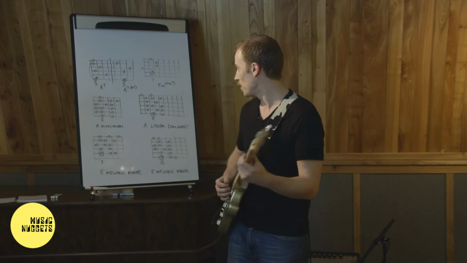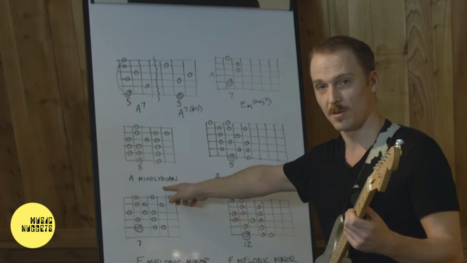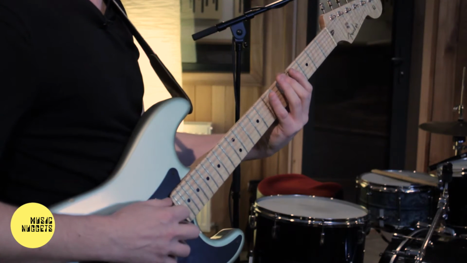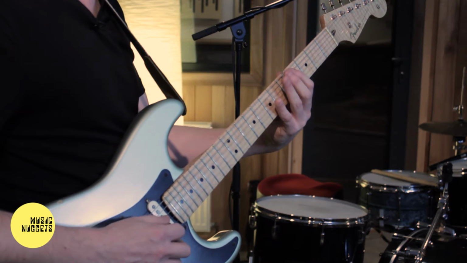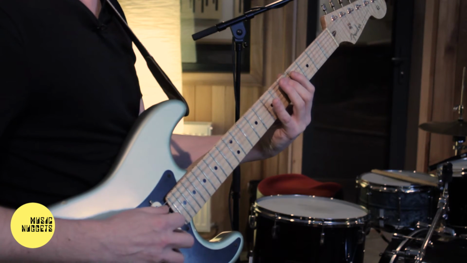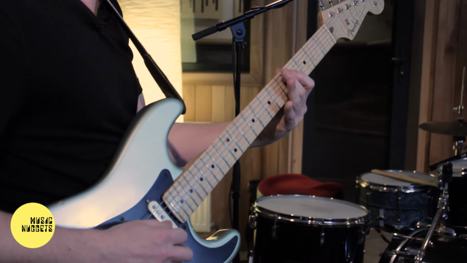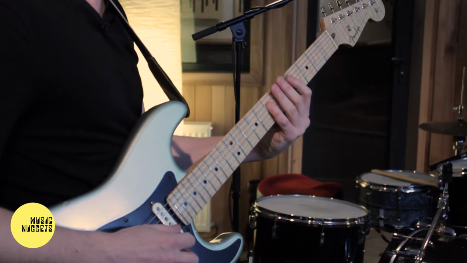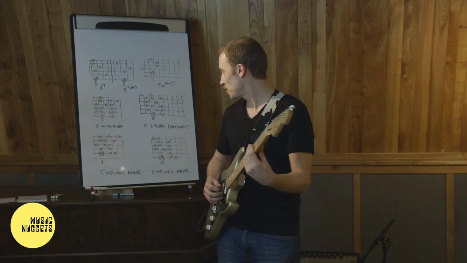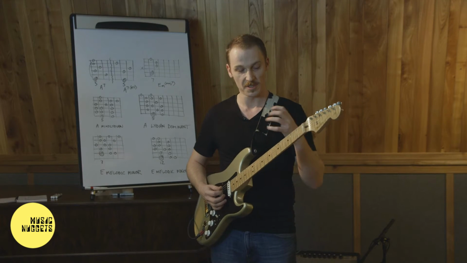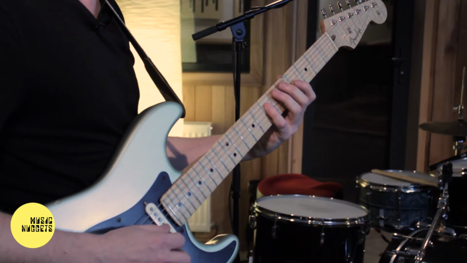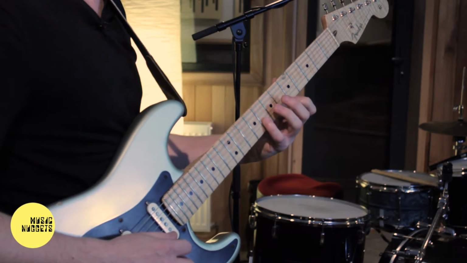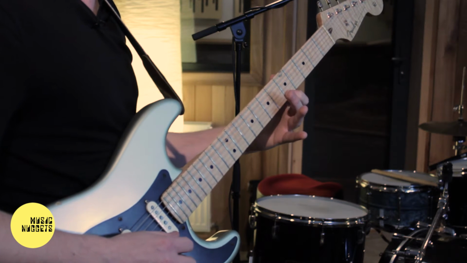So the actual scale, our Mixolydian scale, dominant scale, goes root, major 2nd, major 3rd, perfect 4th, perfect 5th, major 6th, dominant 7th, and then the root. And in this shape here, we've got it repeating over 2 octaves, so it just does exactly the same thing again. 1, 2, 3, 4, 5, 6, dominant 7th, and then the root again.